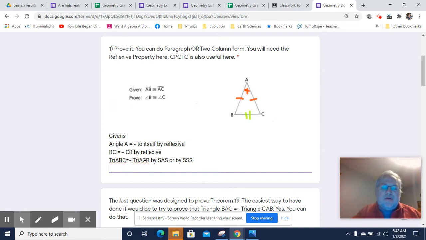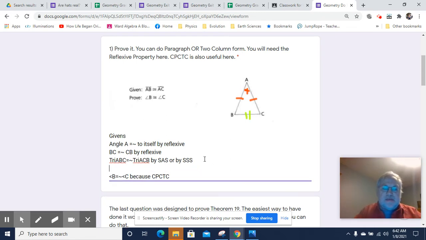angle B and angle C are corresponding angles to each other, which by CPCTC means angle B is congruent to angle C, because corresponding parts of congruent triangles are congruent. Okay, I'm just going to make a note. This isn't necessarily part of the proof, but this helps you with your thinking about it.